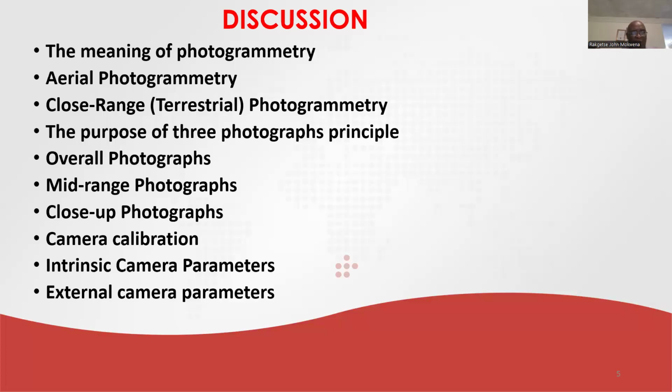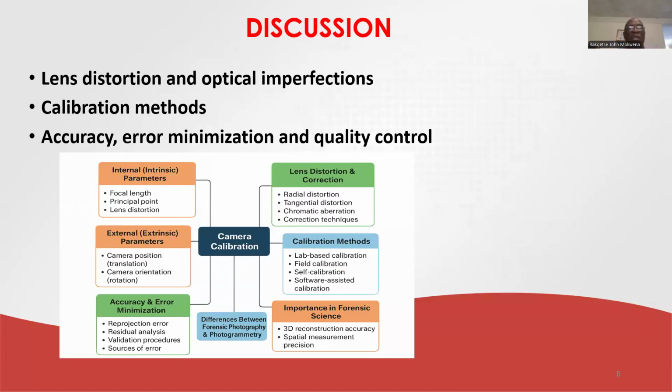Extrinsic camera parameters are also discussed. Lens distortion and optical imperfections are also in the discussion. Calibration method, accuracy, error minimization, and quality control. This diagram illustrates how all this camera calibration is unpacked.